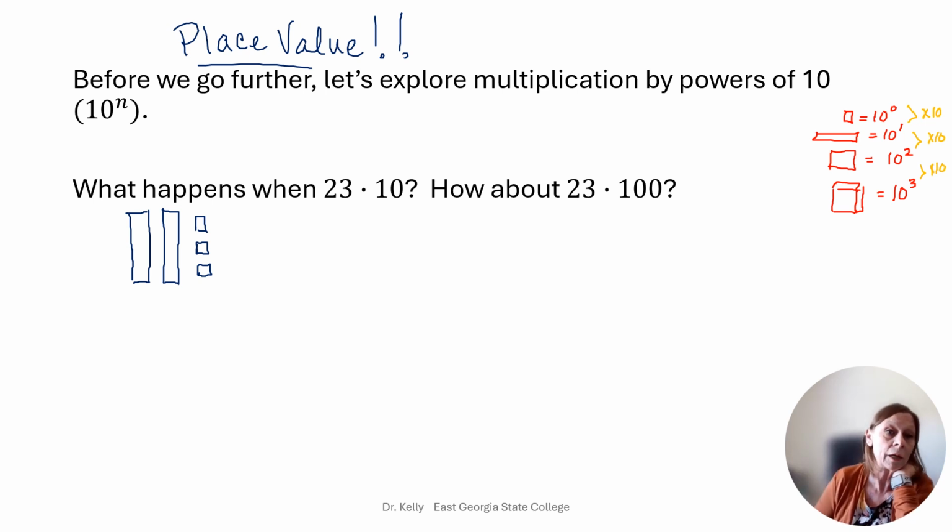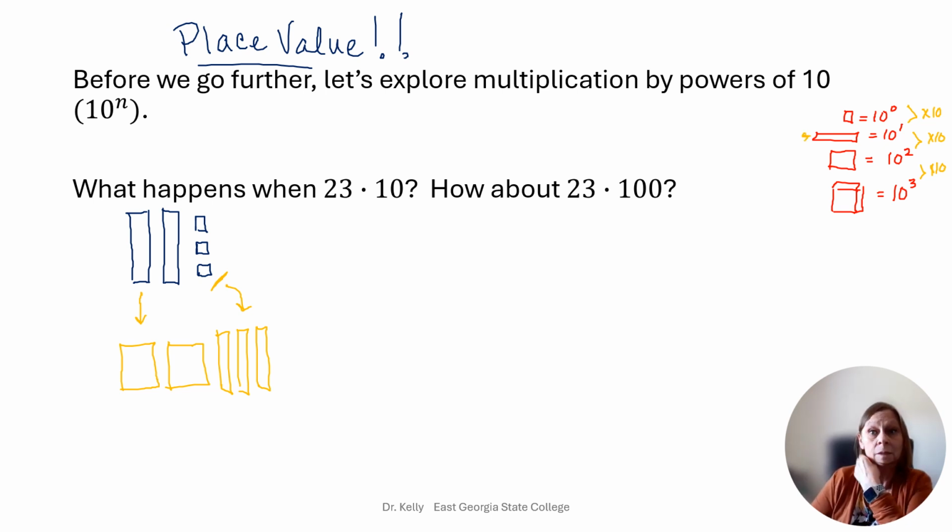So when we multiply these by 10, this now becomes flats, and the units now become longs, because we went from one place to the next place.